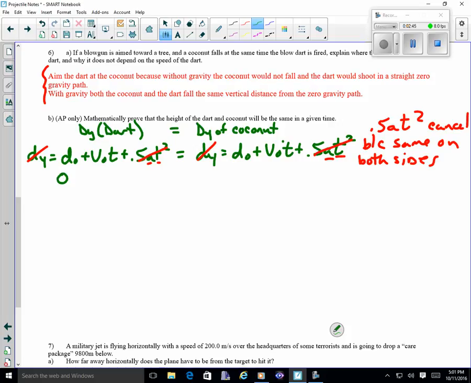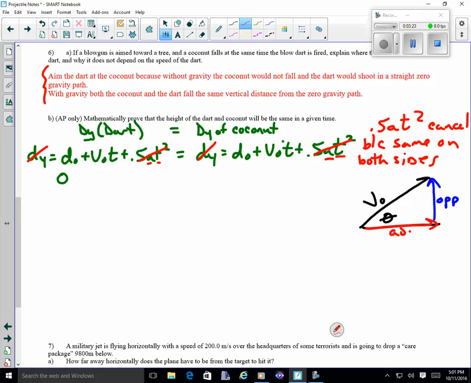Now, when the dart goes up in the air, we have a quandary, because the velocity that's given to you is this diagonal velocity here. This formula requires that we use the velocity in the y direction. See, this is the distance in the y direction. So let's say the dart's being shot up at an angle of theta. This blue side is going to be the y direction, which is the opposite side, and this red side here is going to be the adjacent side.